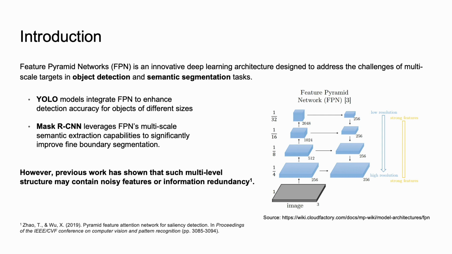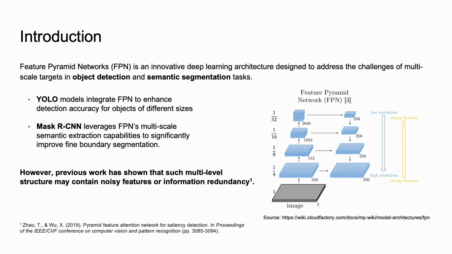On the right side, we can see the classical FPN framework, which is basically a top-down pathway. It merges the low-level but high-resolution features with the high-level but more contextual semantic features together to enable the model to have better performance on multi-scale objects.